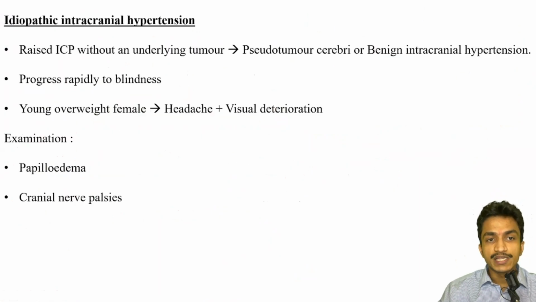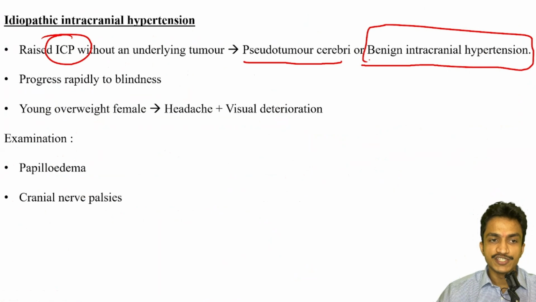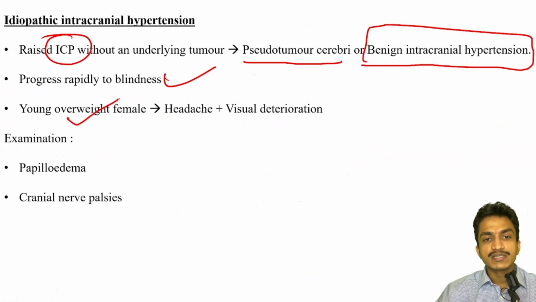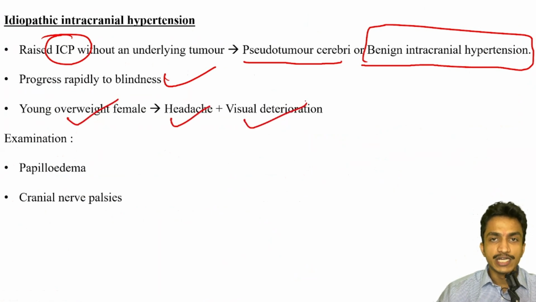What is idiopathic IIH? There, basically there is no pathology, but there is an increase in the intracranial pressure, the ICP. It is also termed pseudotumor cerebri or benign intracranial hypertension. Because of the raised ICP, there is pressure on the optic nerve sheath, and it can lead rapidly to blindness. It usually presents in young overweight females with headache and visual deterioration.